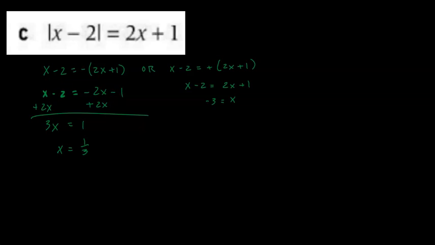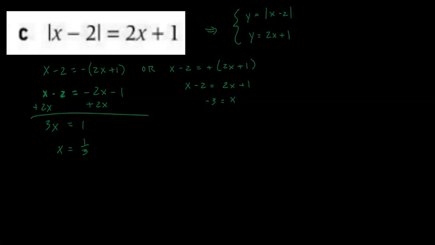Now, one of the important things that I mentioned in class is that this is actually a systems of equations. So we have a y equals absolute value of x minus 2 and y equals 2x plus 1.